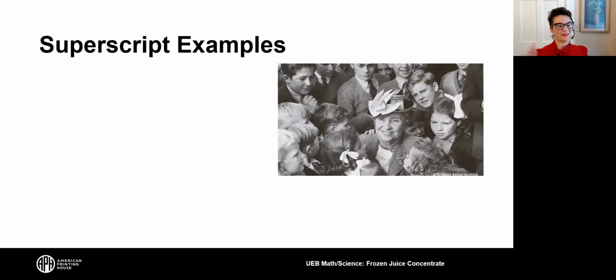Before we delve into the Braille, let me take a little moment to say Happy Women's History Month. Pictured on the screen is Helen Keller in some of her later years, surrounded by children with a big smile on her face.